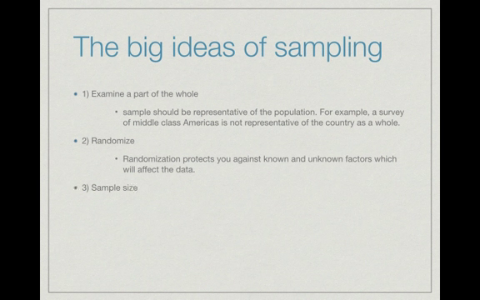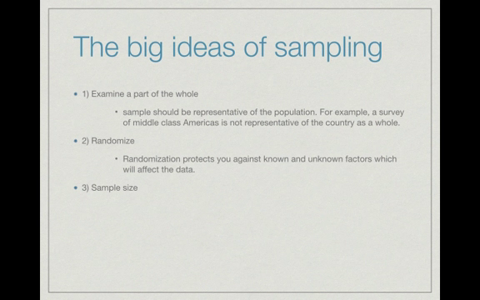The third thing that you need to think about is sample size. Now sample size is pretty important, but a lot of times it's kind of out of our hands. If we're trying to do a survey of all Ohioans, obviously we're not going to be able to survey every single person.